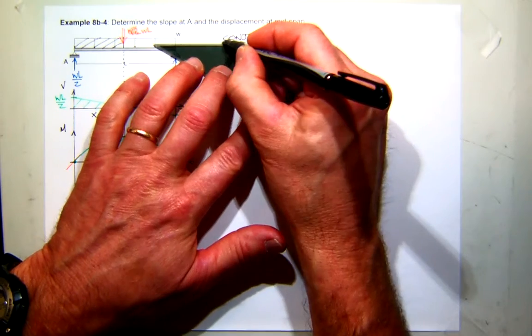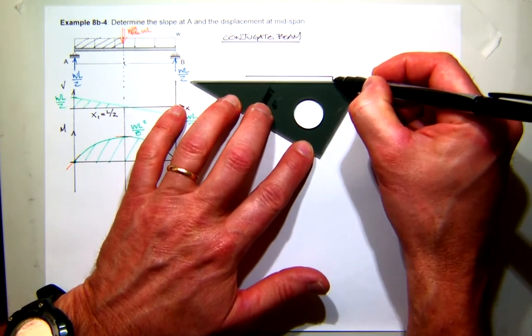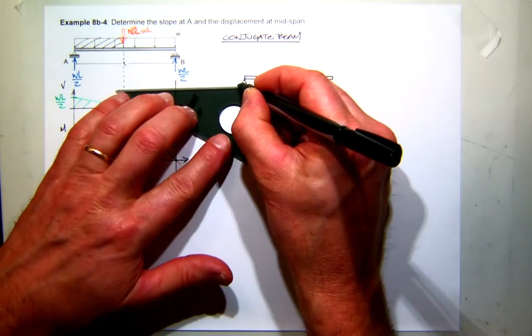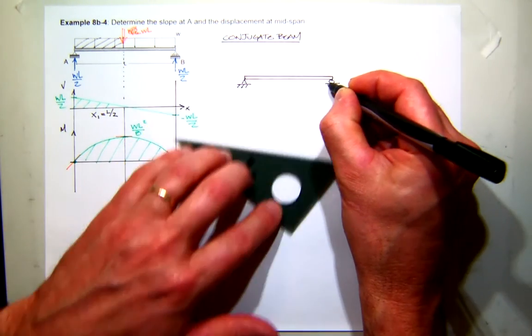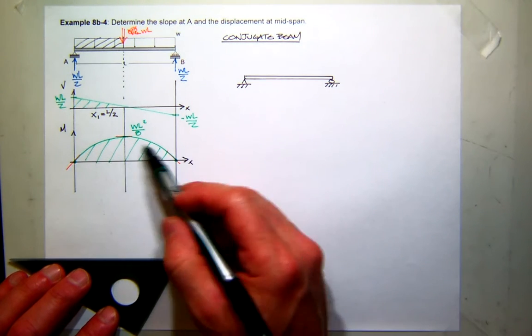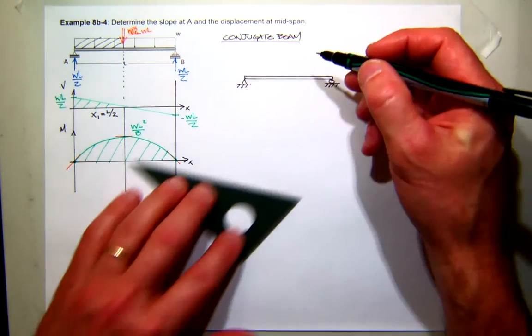Well, that's nice. So I'll draw the beam: pin, roller. And now, like we've been doing for a while, I'm going to just transfer this moment diagram as load.